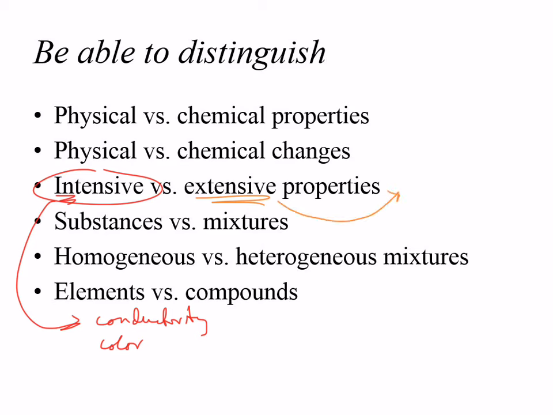But extensive does depend upon amount, and weight depends upon amount. Weight's my favorite one there, too. Another thing that depends upon amount is, for instance, the amount of energy given off when you burn something. It depends if you burn one piece of paper or you burn 10 pieces of paper.